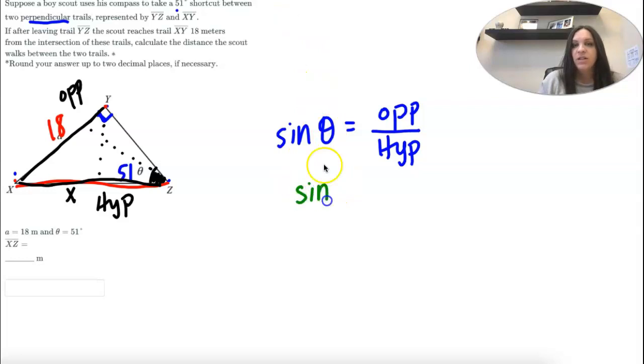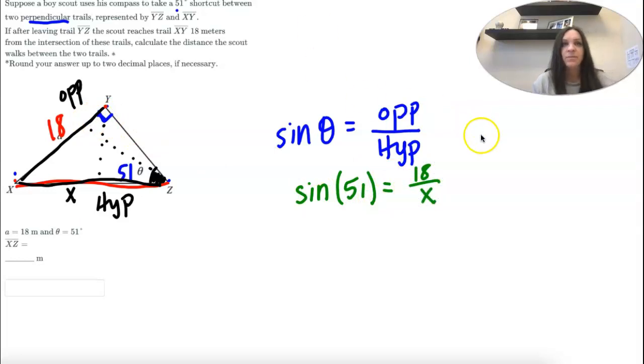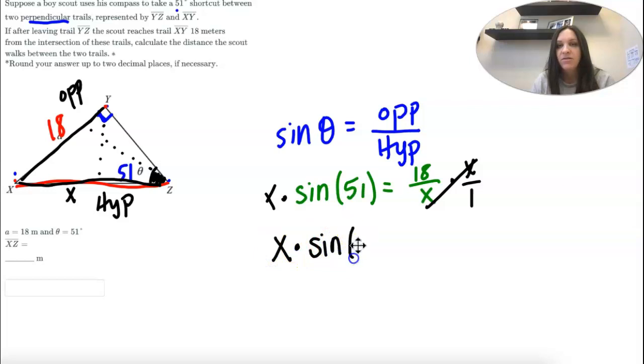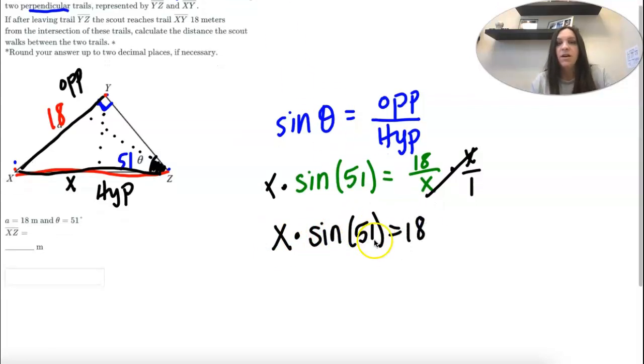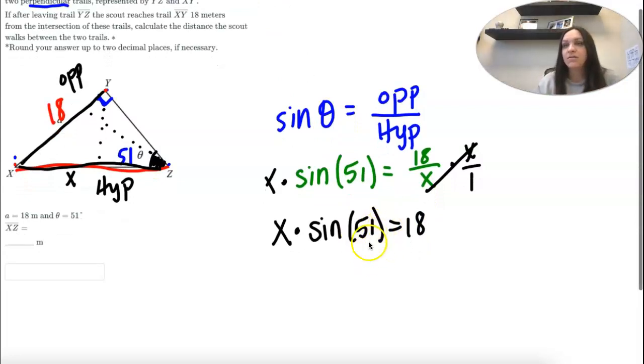I'm not going to use cosine or tangent. So now let's fill in. Theta is the angle, that's 51. Opposite is 18. Hypotenuse is x. Okay, I have an equation. First step, multiply by the denominator to get rid of the fraction. They go away. So now I have x times sine of 51 equals 18. All right, x is still not by itself.